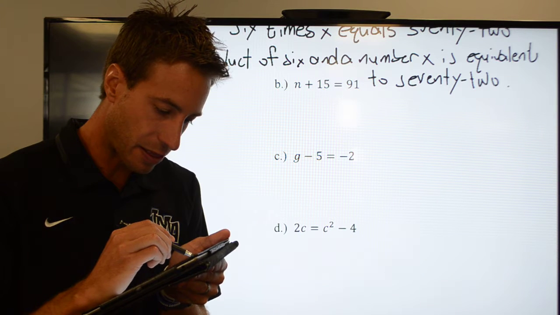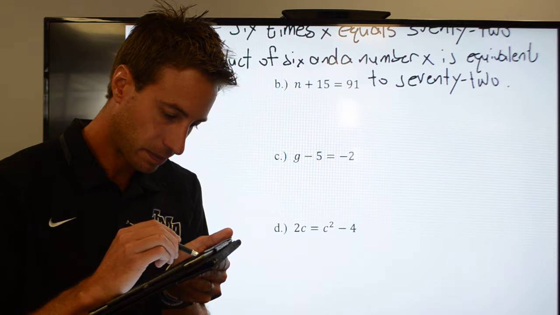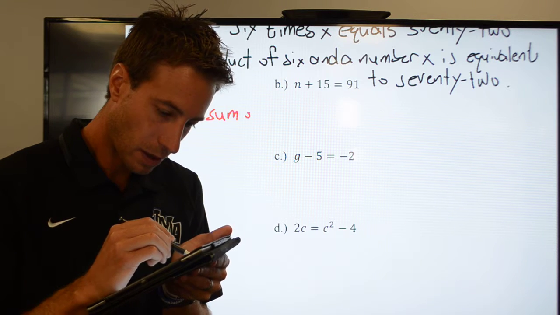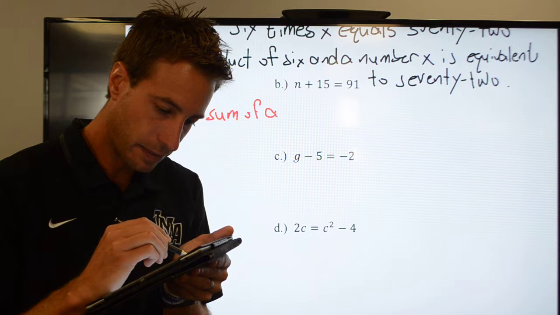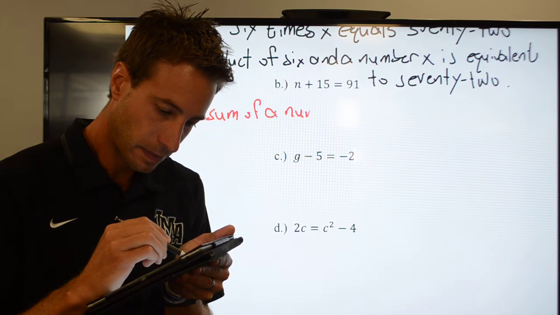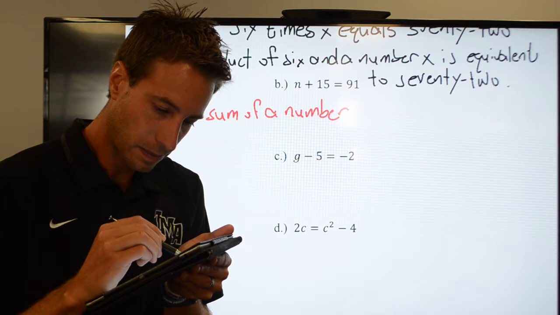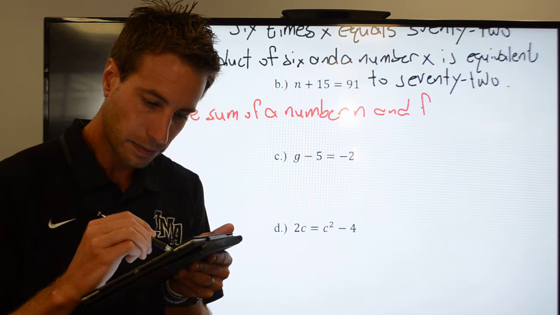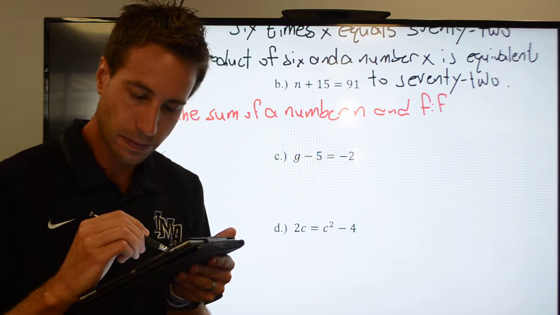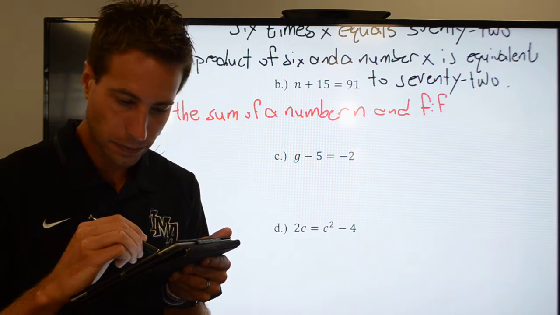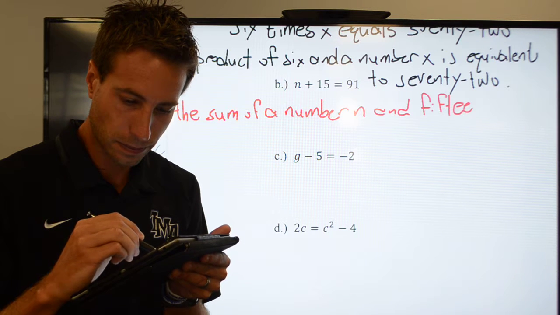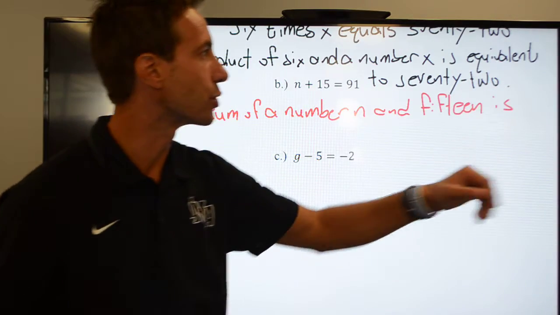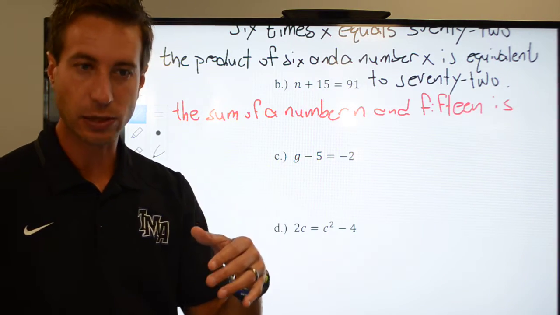So we could say the sum of a number n and 15 is, and I'm perfectly fine, you don't have to use the word equivalent every single time.